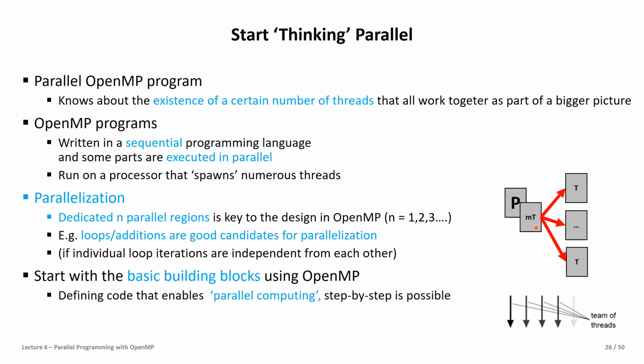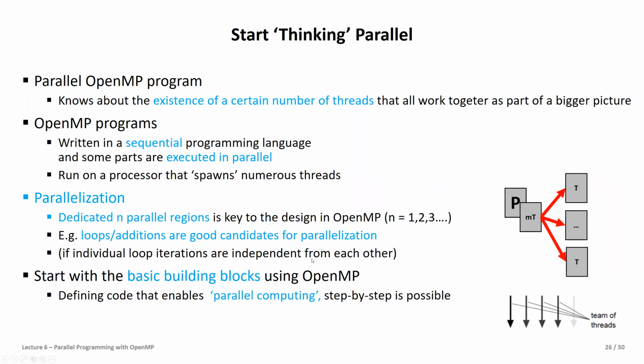And this MT always represents the master thread that we already talked about in the first part of the lecture that is always existing. However, this master thread and the OpenMP environment will then spawn different threads, which we call the team of threads here. And this does not need to be equal all the time. It could be 5, could be 4, depending on the parallel region.